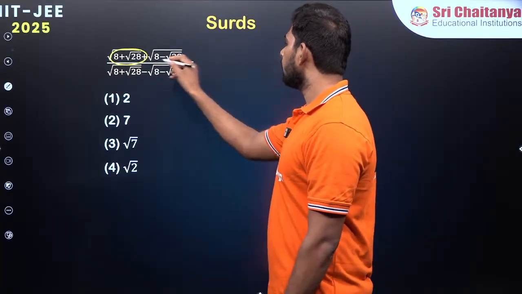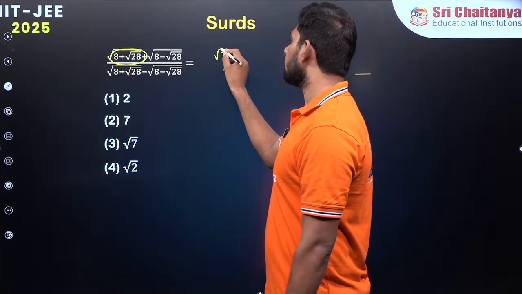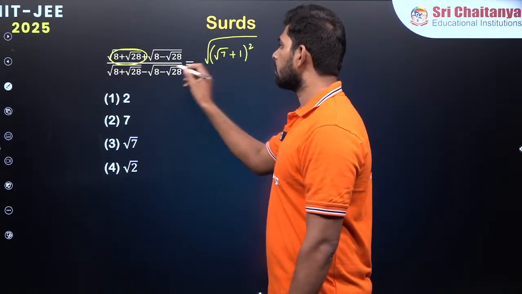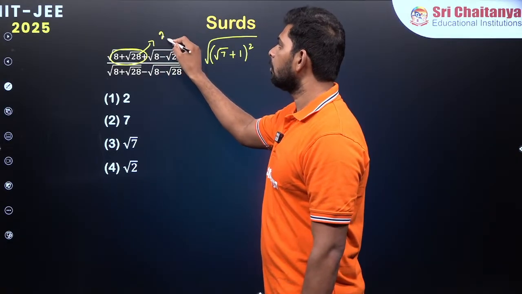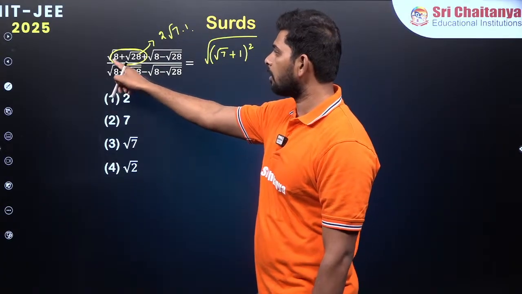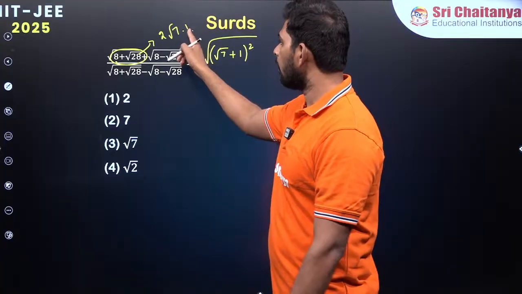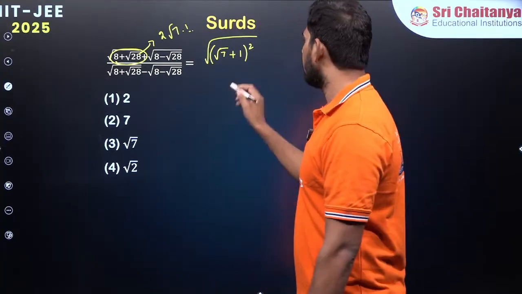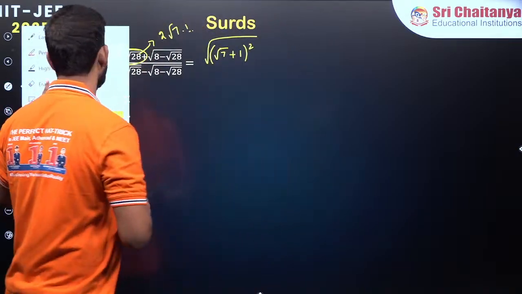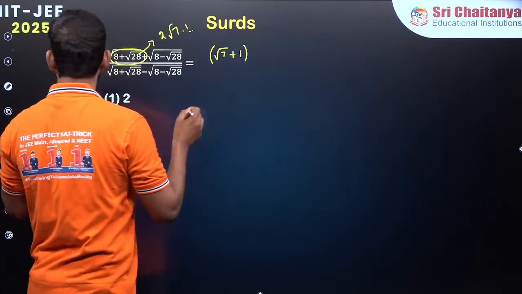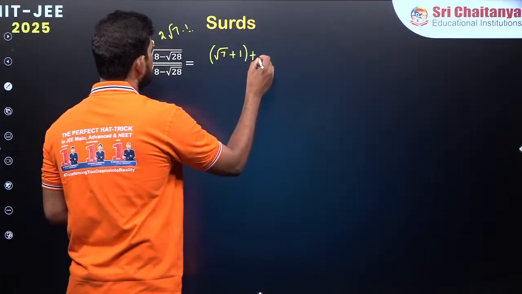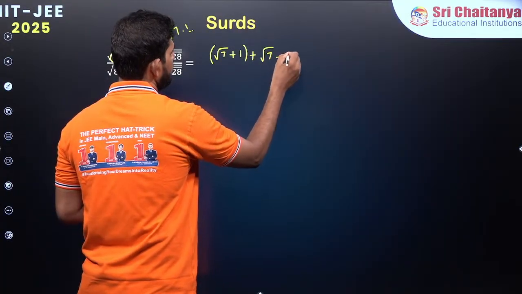If I am writing this one here, root 7 plus 1 whole square, because I can see that this one can be written as 2 into root 7 into 1. So root 7 is there, plus 1 is there, root 7 square is 7, plus 1, that we are getting as 8 there. So you are writing this one as root 7 plus 1 whole square. So I am just cancelling that square root and square here. Then we are left with just root 7 plus 1. This one here is going to be root 7 minus 1.